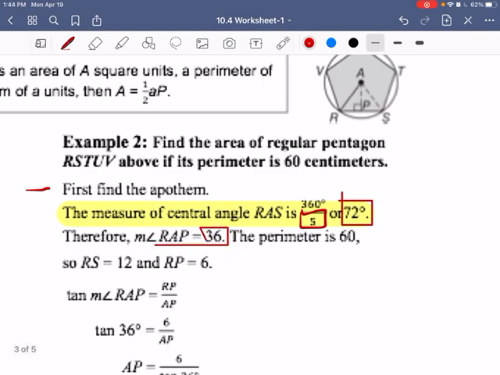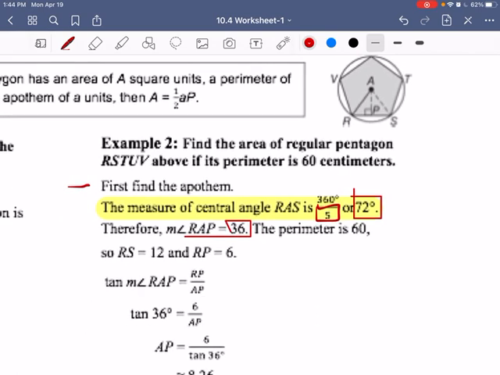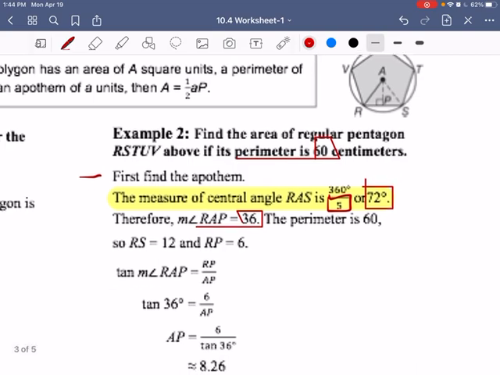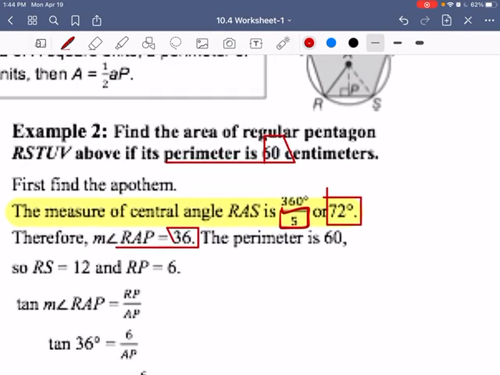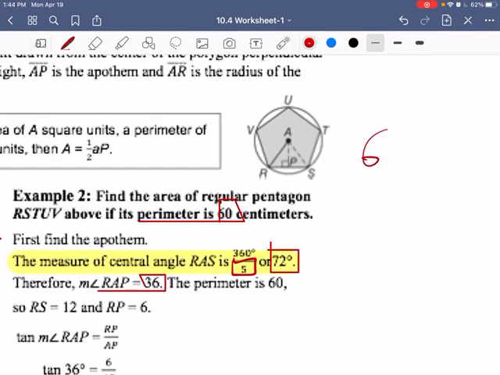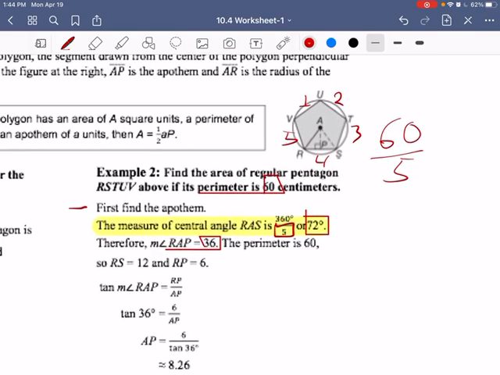Then if we know that the perimeter is 60 centimeters, so it tells us right there, 60, RS is 12, because if all 5 sides added together equal 60, and they're exactly equal, we just divide 60 by 5 to get 12.